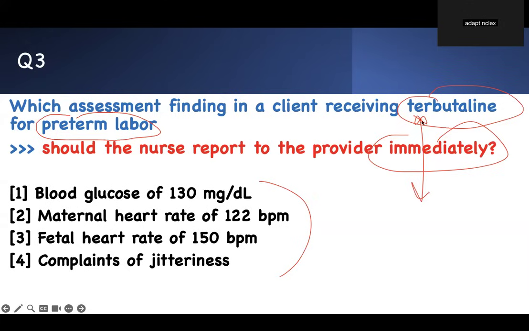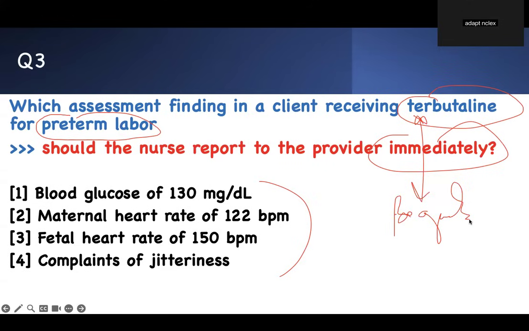Terbutaline is a beta agonist. I'm giving you a clue. If I give you a beta agonist, that means everything goes up. Therefore, look at the things and see if everything is going up and which one you don't want to go up too much. You already picked an answer. I know you picked the right answer.